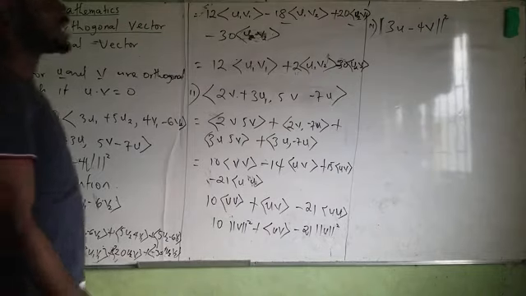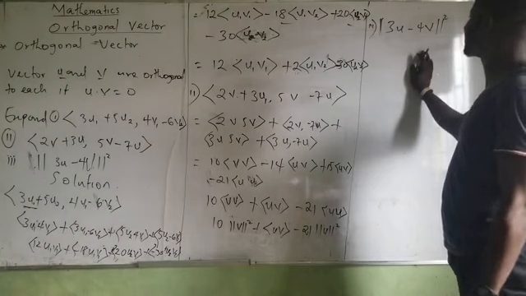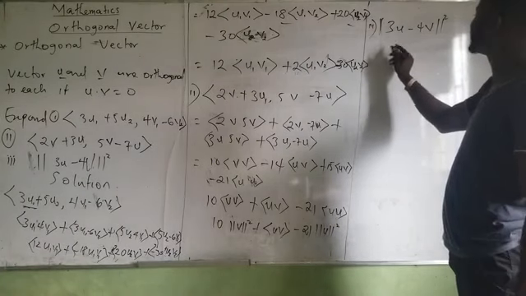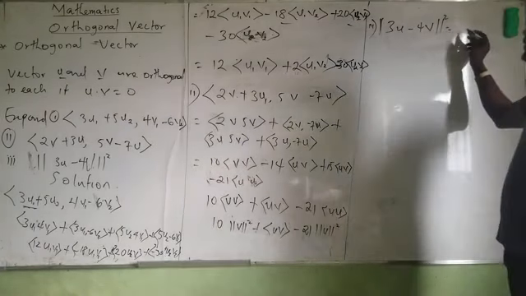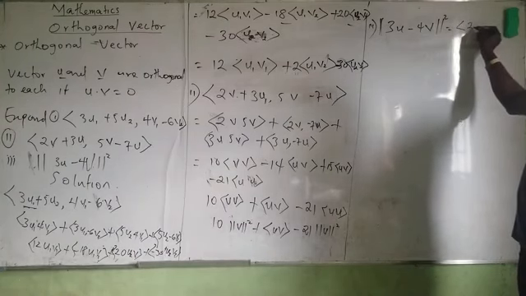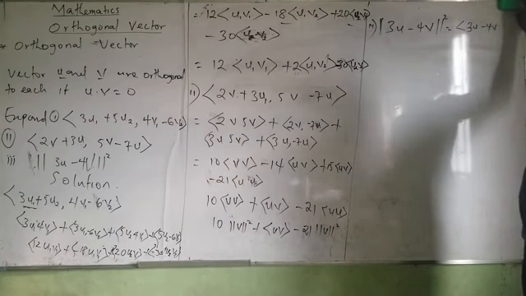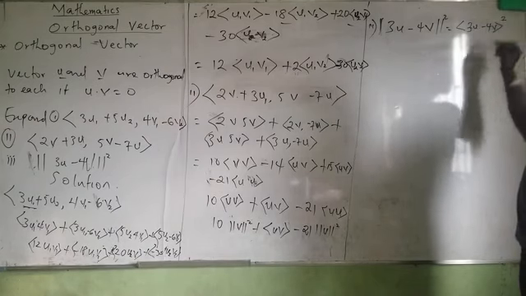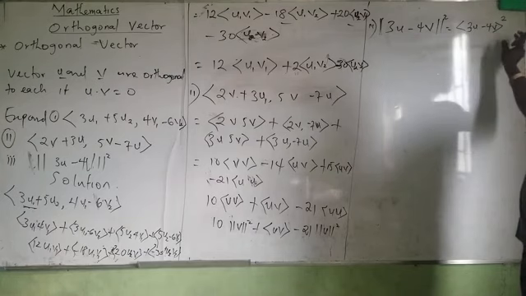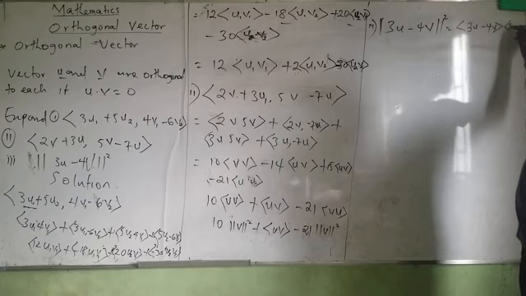When you are having something like this, just put at the back of your mind that this can be given as the norm of 3u minus 4v squared.